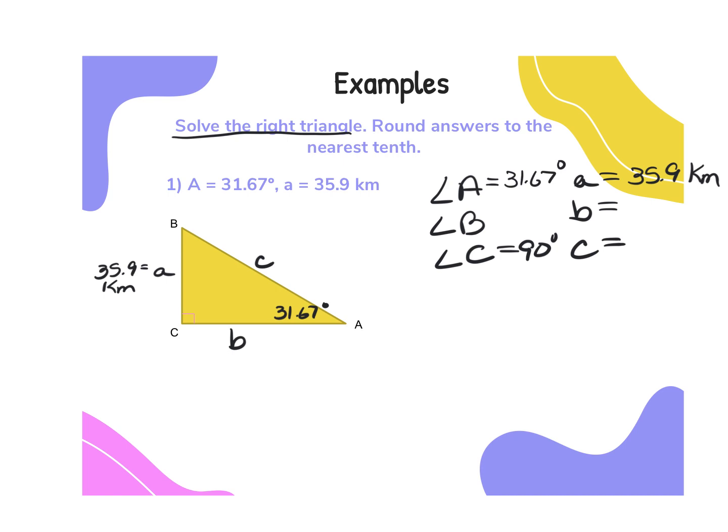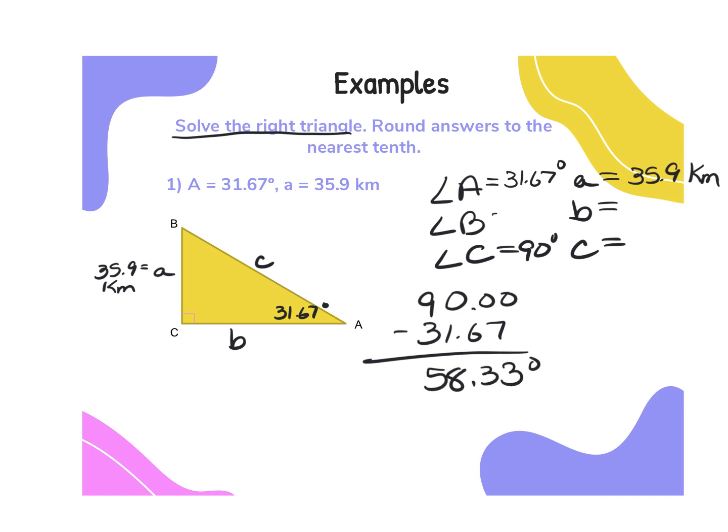So to find angle B, all I have to do is take angle C, that measure 90, and subtract 31.67, and you're using your calculator. Once I do this subtraction, I get 58.33 for angle B. Now, the instructions say round to the 10th place, so we can put in here 58.3.